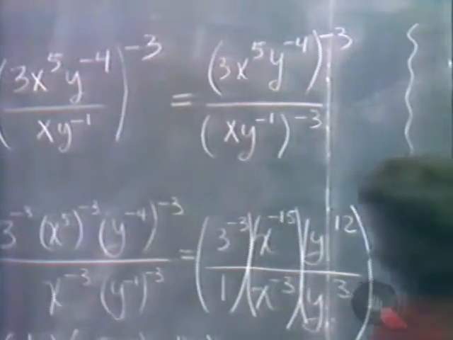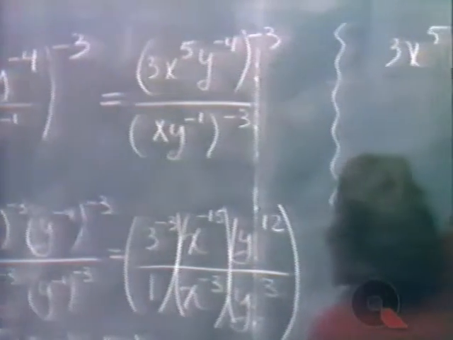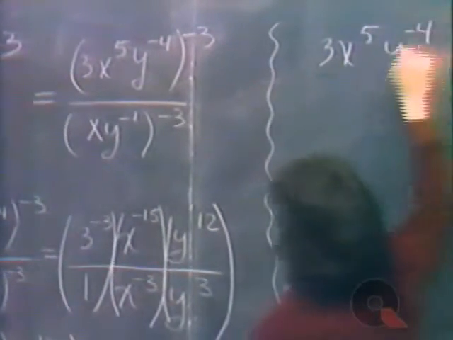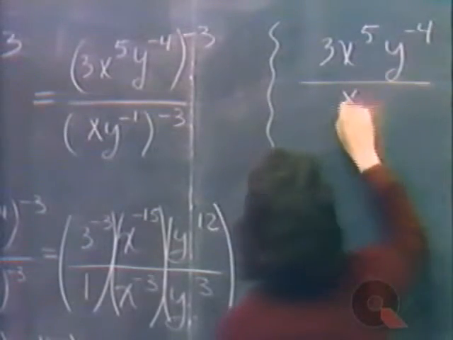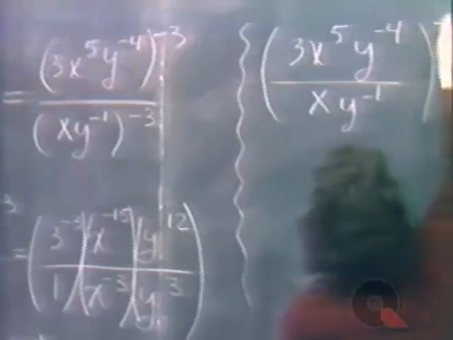So let's try the same problem again. (3x^5 y^-4 over xy^-1) all to the minus 3 power.